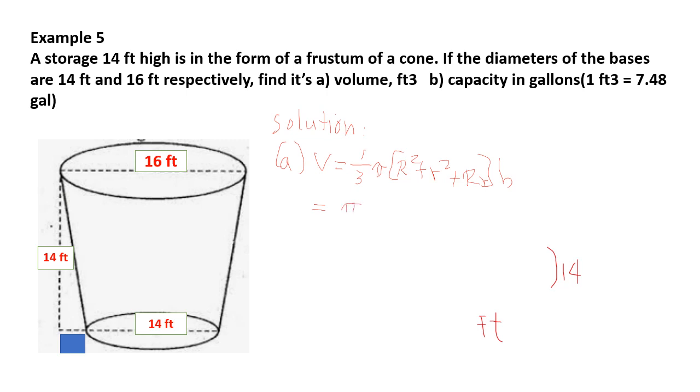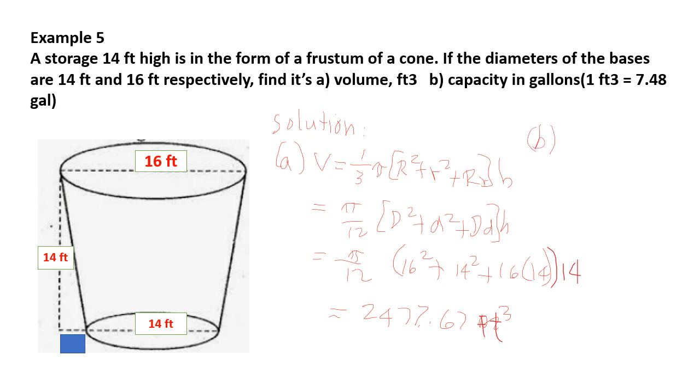is equivalent to pi all over 12 times d squared plus d squared plus d times d, so pi over 12 times 16 squared plus 14 squared plus 16 times 14, equivalent to 2477.67 cubic feet.